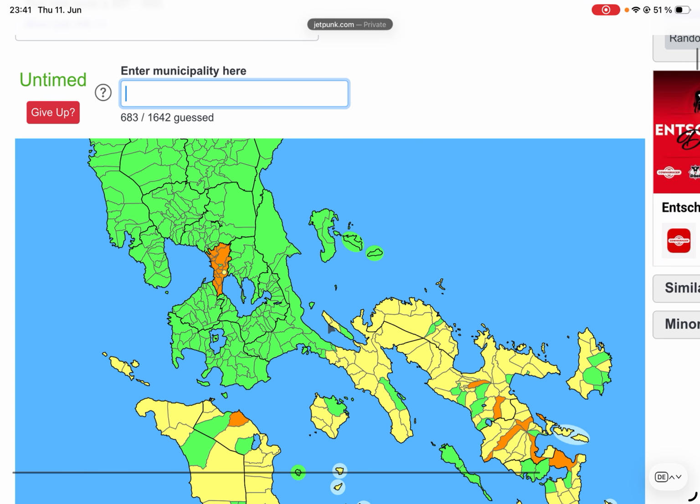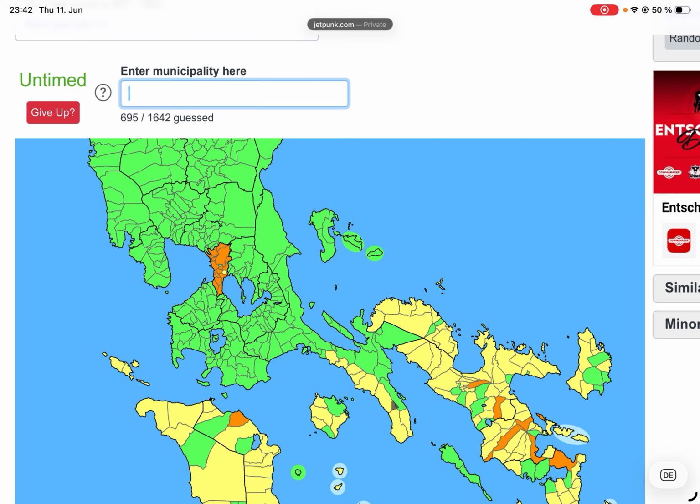Alright, so then here we have Perez and Alabat, and on the mainland we have Gumaca, Lopez, Guinayangan, Calauag, Tagkawayan, okay. This should be Buena Vista.